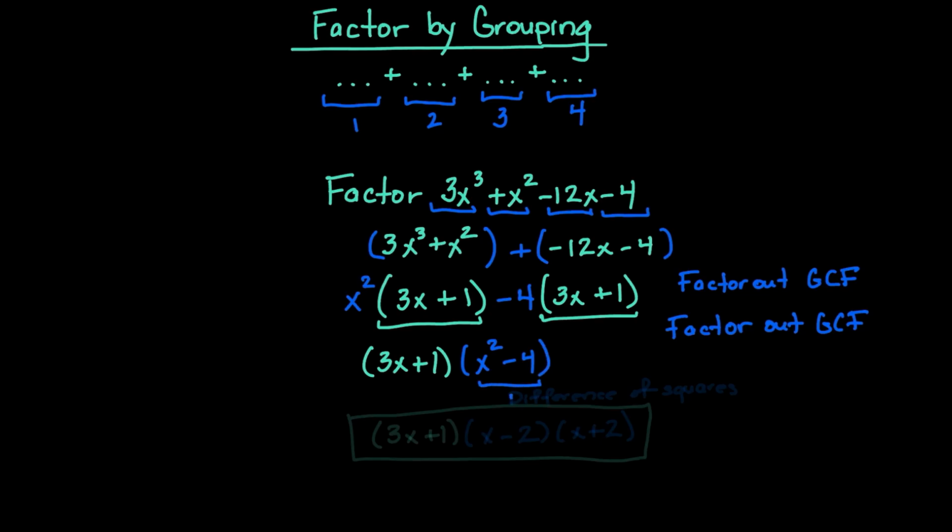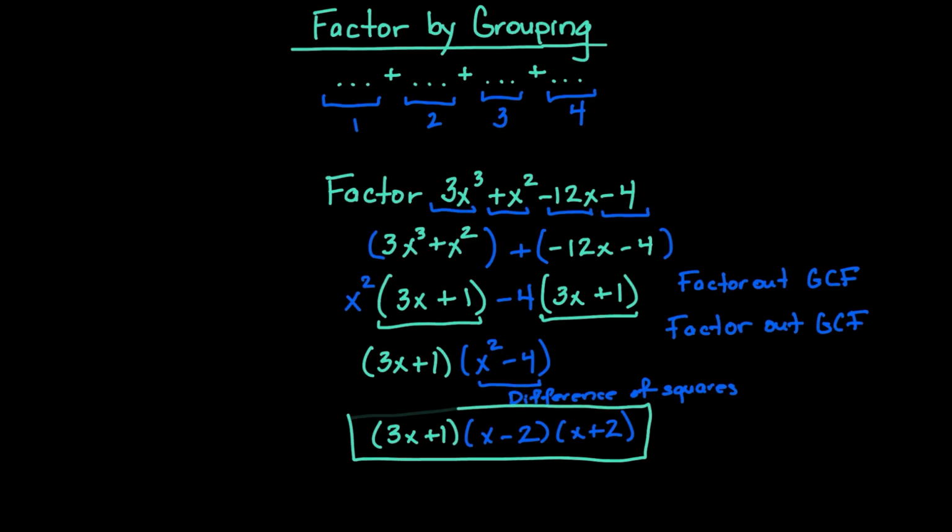X squared minus 4 is a difference of squares. If you haven't checked out the difference of two squares video, check it out. So it factors to x minus 2, x plus 2, and now all of my factors are prime, so I'm done factoring.